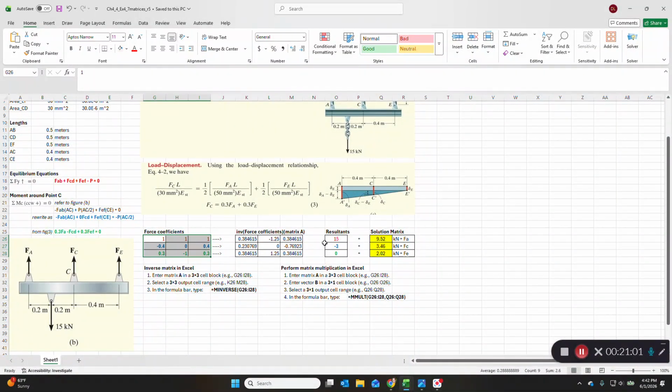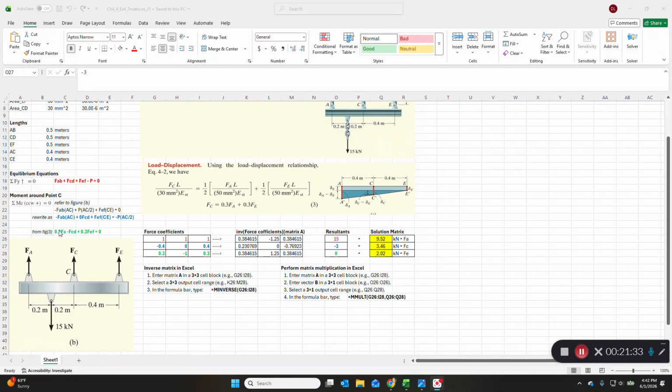So then I know the resultants of each of these equations. The first one is 0. I'm sorry, it's P, so that goes to the other side because it was negative here, so it's going to be 15. The second one is minus P times AC over 2. Well, AC over 2 is 0.2, and minus P is minus 15, so multiplying that by AC over 2 results in a minus 3.